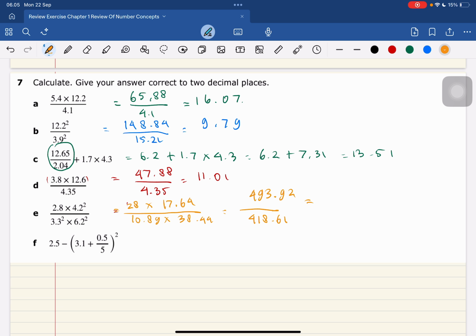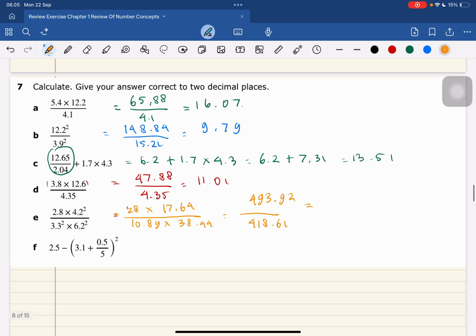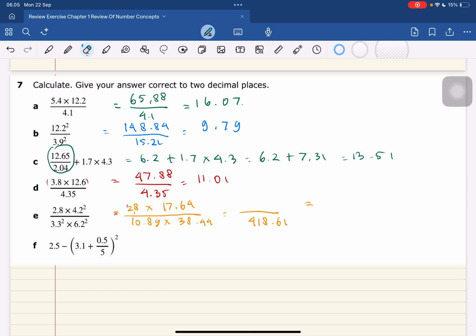Oh, this is 2.8, sorry, not 28. So let's start over. So 2.8, we multiply by 17.64, so it will give us the answer of 49.39. So 49.39 we divide by 418.61 will give us the answer of 0.12.